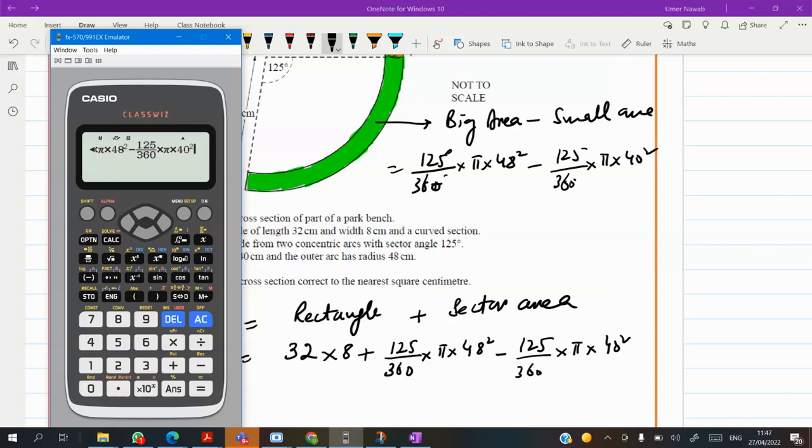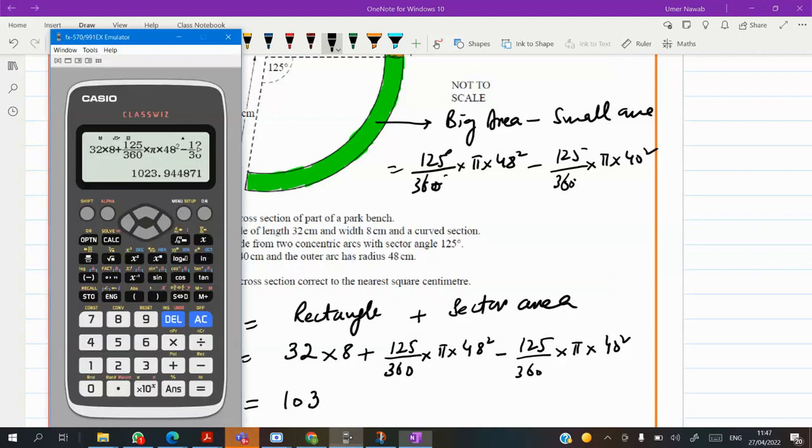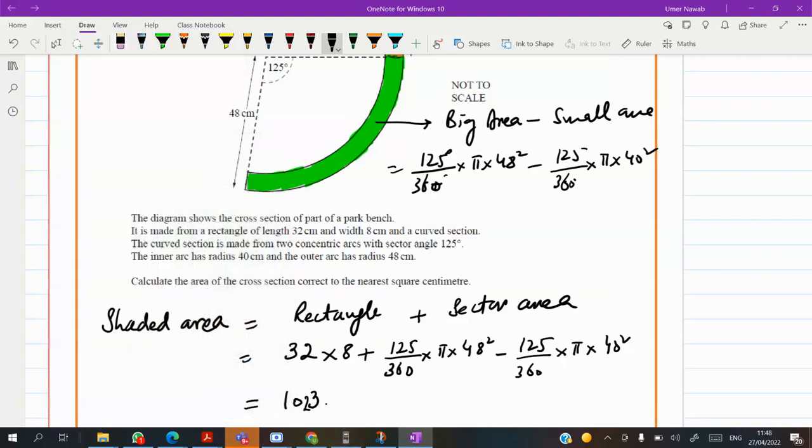Once you write everything in the calculator, we are ready to find the final answer, which is 1023.9.